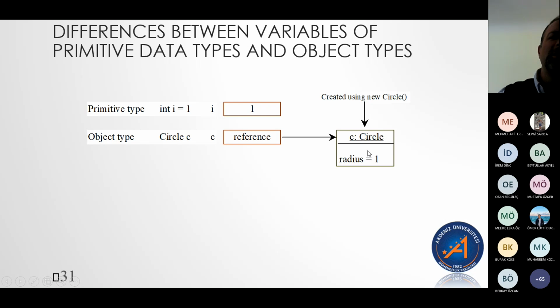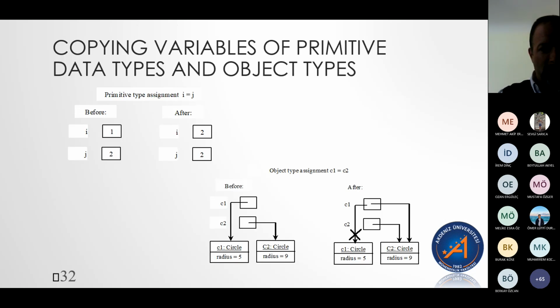This is very similar to the discussion on arrays from last semester. What happened when we said array A equals array B? So, example, primitive type assignment: i equals j. It takes the value in j and places it in i.